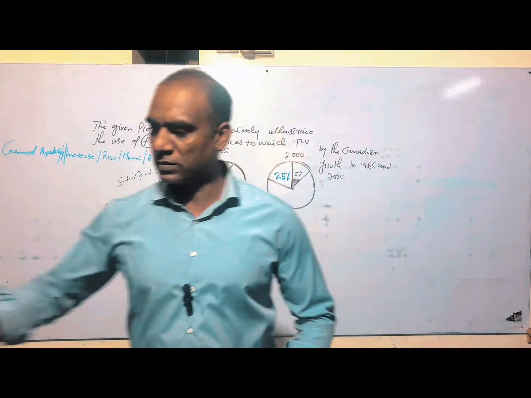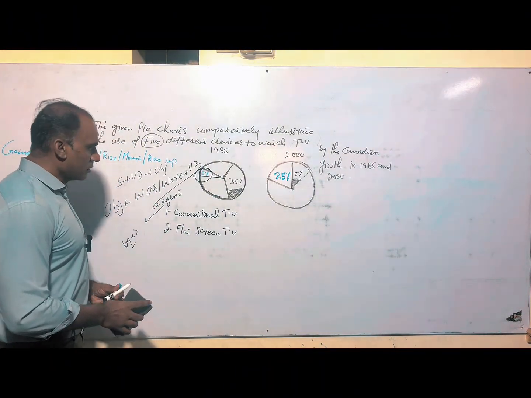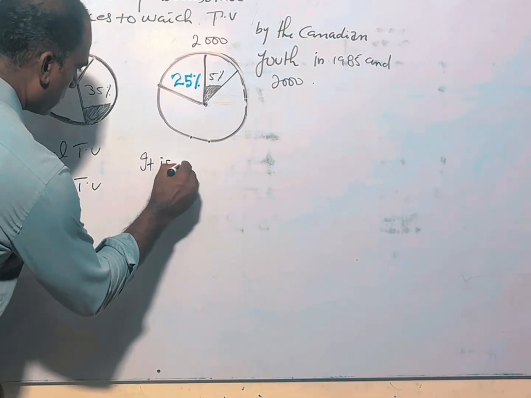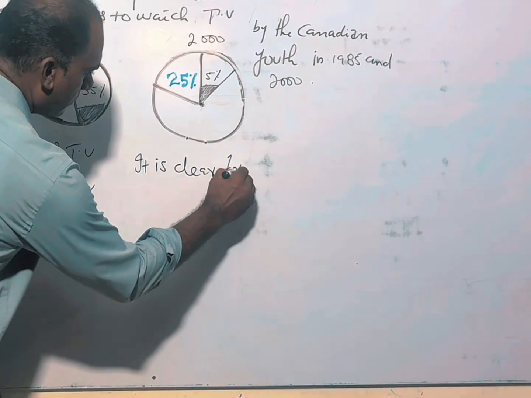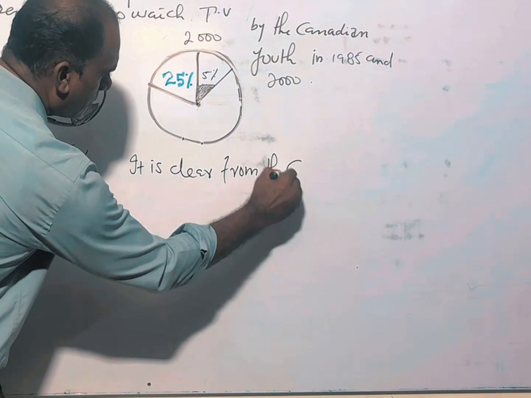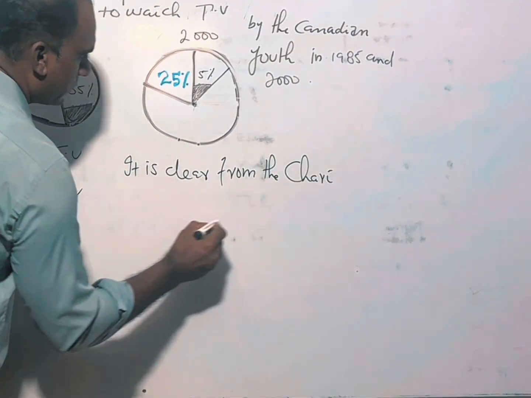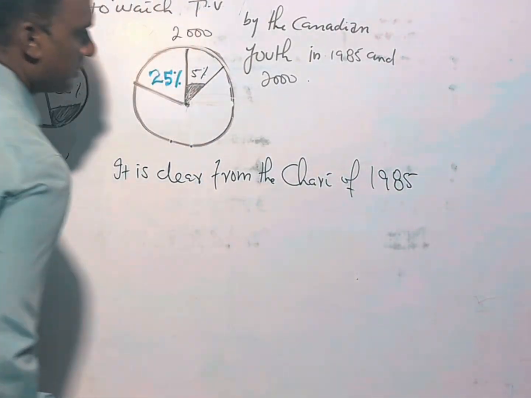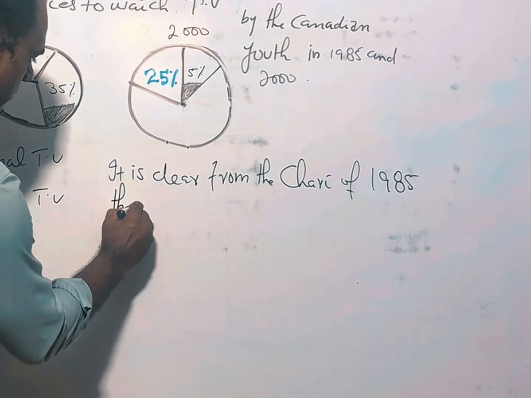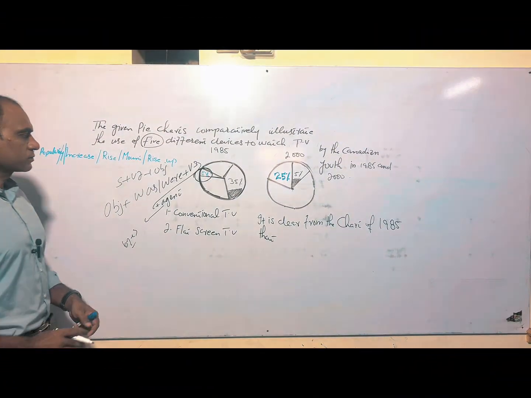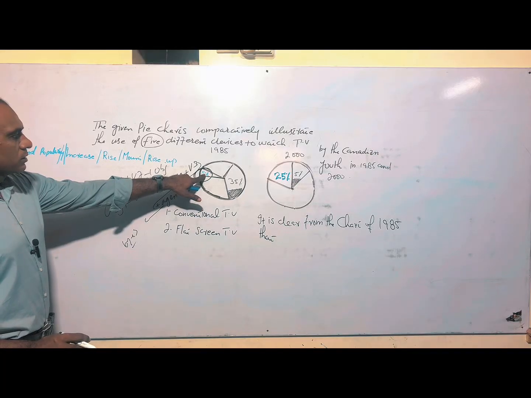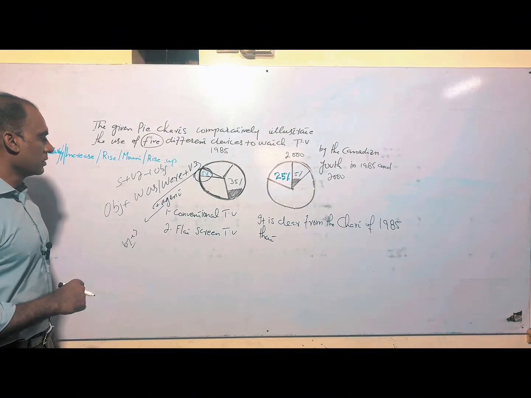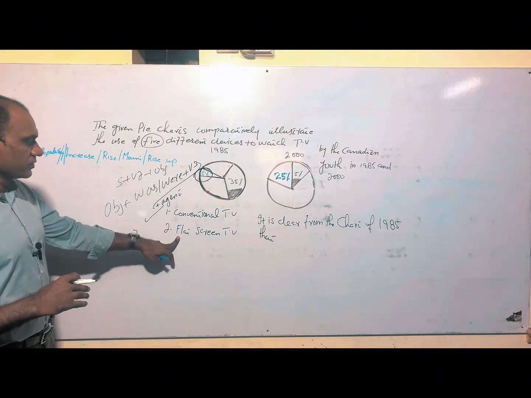Okay, I would like to write so that you can understand well. It is clear from the chart of 1985 that, you see, only 5% Canadian people used flat screen TV.